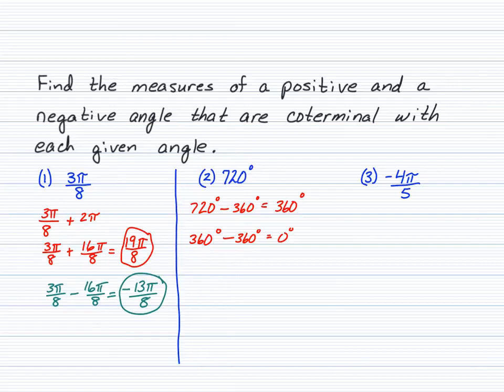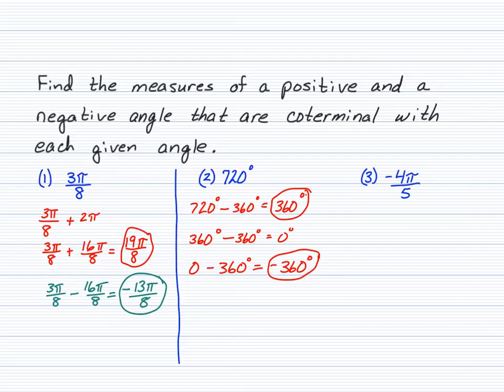We don't have a negative coterminal angle yet, so we have to subtract 360 again, which would give us negative 360 degrees. So we have one positive and one negative coterminal angle. Remember, we just keep adding or keep subtracting 360 degrees until you get one positive and one negative coterminal angle.